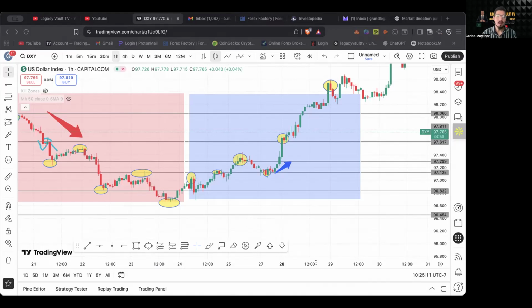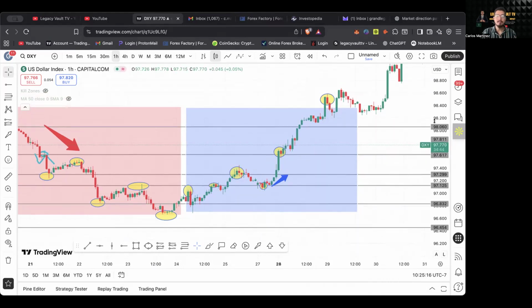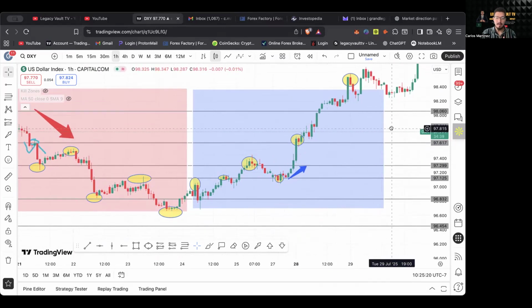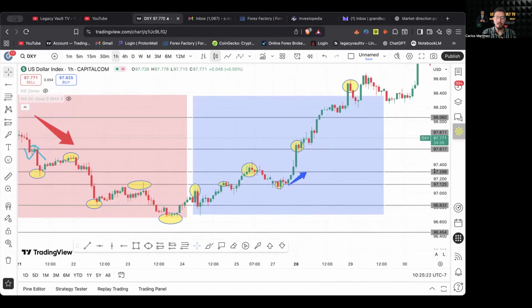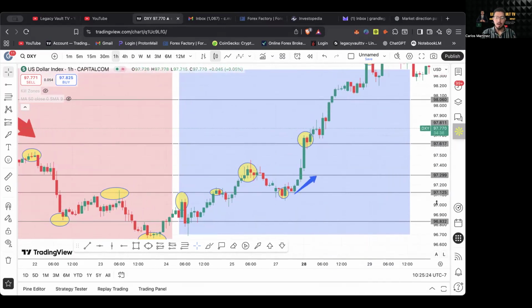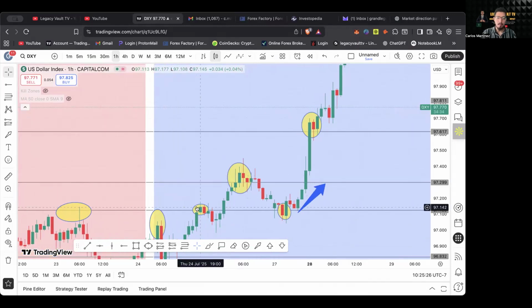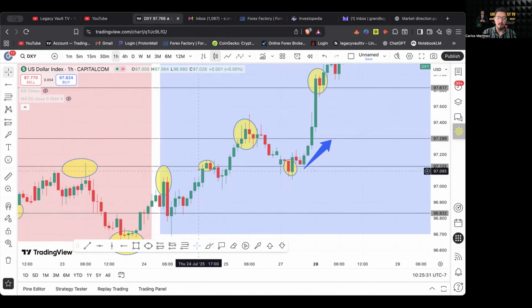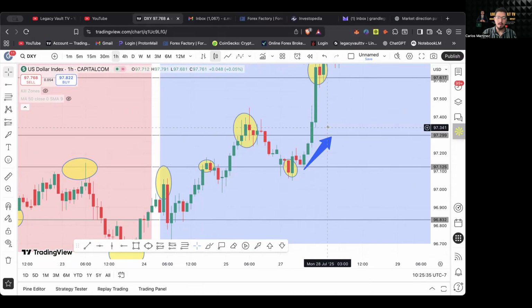And I'll talk more about that when we discuss liquidity and confirmation candles. But here, this is just a basic example of a break of structure and retest. And here you can see when price broke above this level, it created a retest for the continuation to the upside.